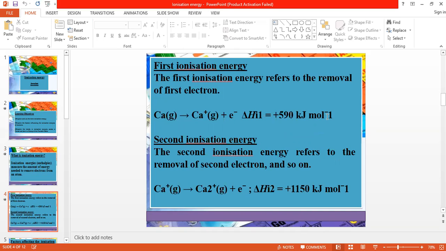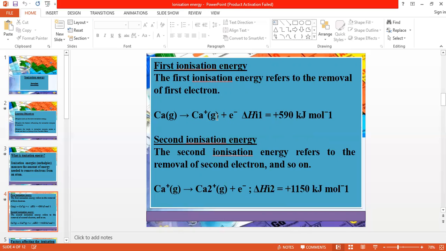That's it. So first and second mean, when you remove one electron, you can see here, this is the gaseous atom. You are going to remove one electron from calcium. When you remove one electron, the positive written here means one, plus e negative means electron.